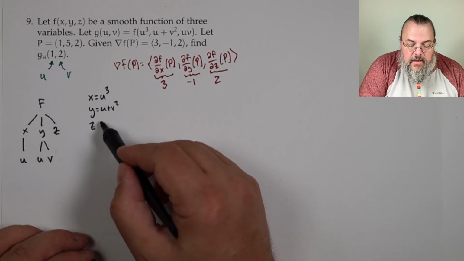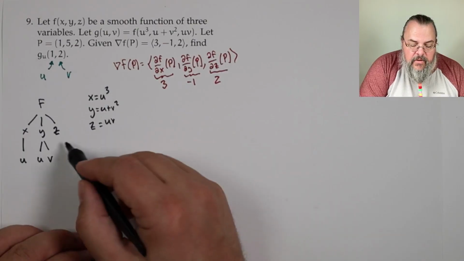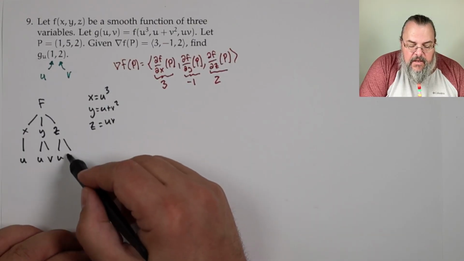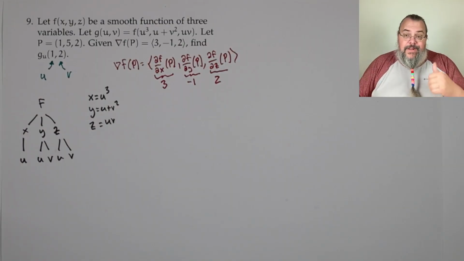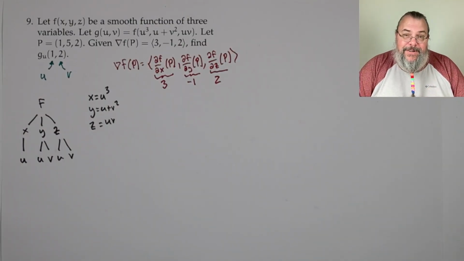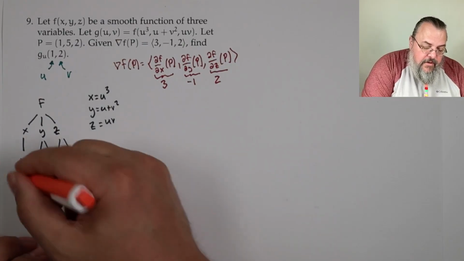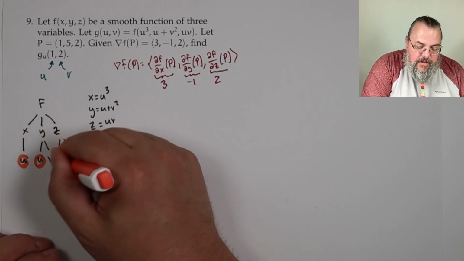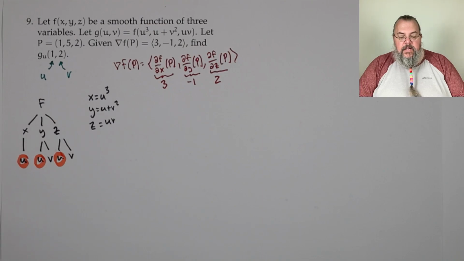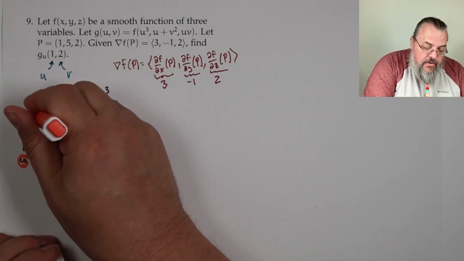And z, well, that's uv. So again, z depends on u and v. Now, notice we're only asking for one partial derivative, g with respect to u. So we say, well, that's good. So we have the u down here, and that gives us 3 paths to tread.